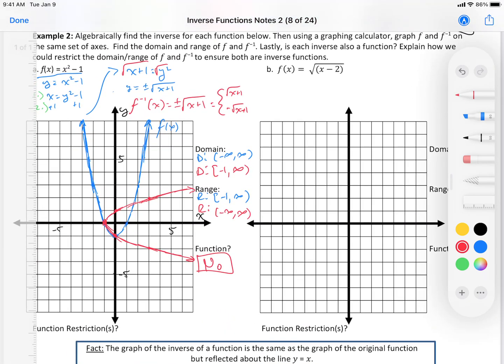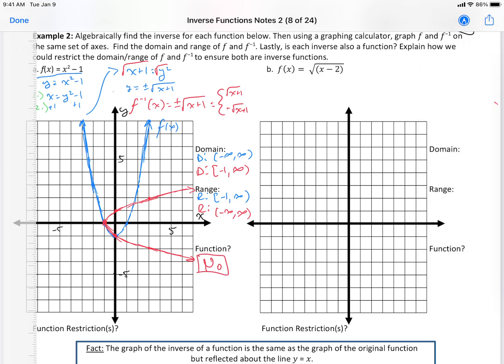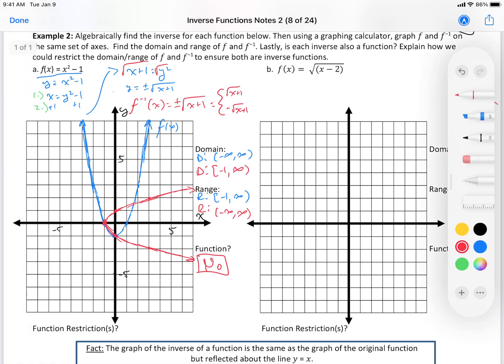So, how might we restrict the domain of the original function in order to make this true? How might we do that?